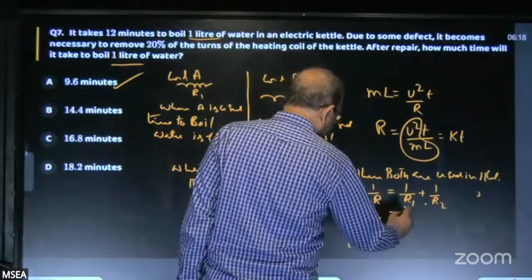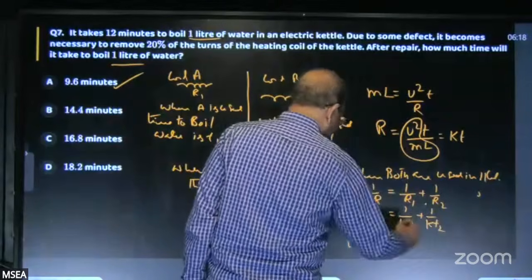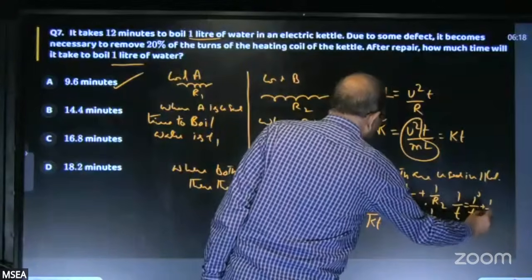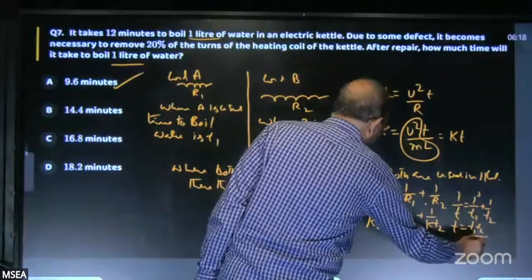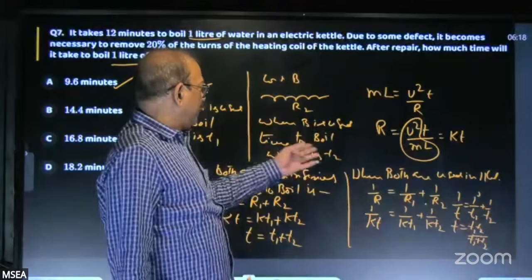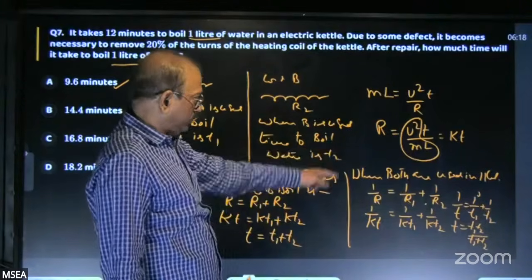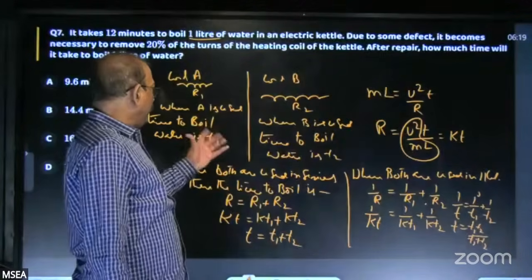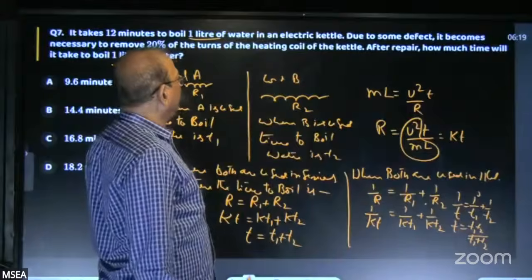R is KT, R1 is KT1, R2 is KT2, K cancels. 1 by T equal to 1 by T1 plus 1 by T2. T equal to T1 T2 by T1 plus T2. This is the time taken to boil the water when those two coils are simultaneously used in parallel combination. This is also a very important model. Power problems, these are different important models, I'm just discussing.